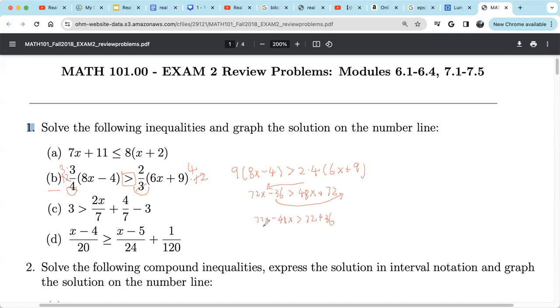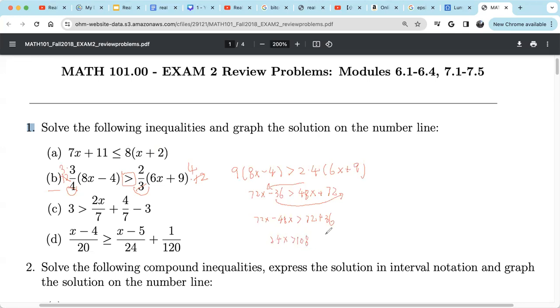Right? 72x minus 48x: think about 72 minus 48, 12 minus 8, that's 4. Then 7 minus 1 is 6, 6 minus 4 is 2, so that becomes 24x. Greater than 72 plus 36: 2 plus 6 is 8, 70 plus 30 is 100, that's 108.